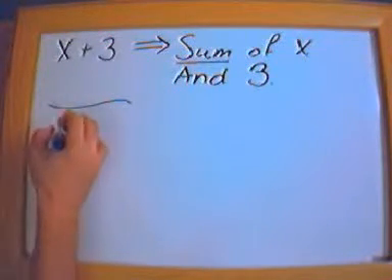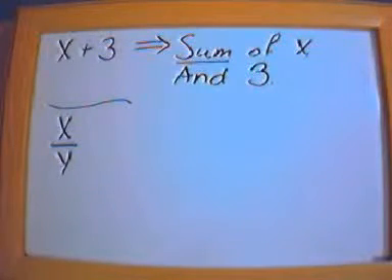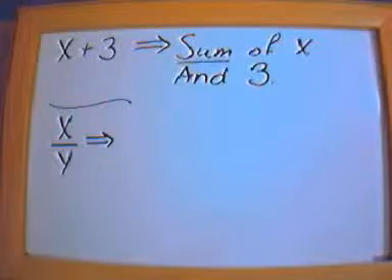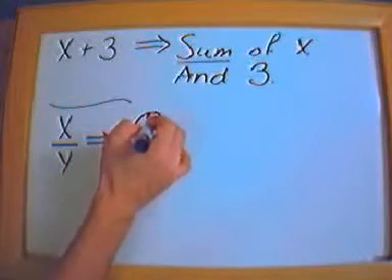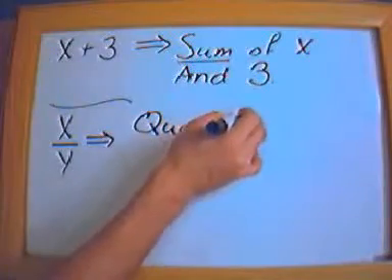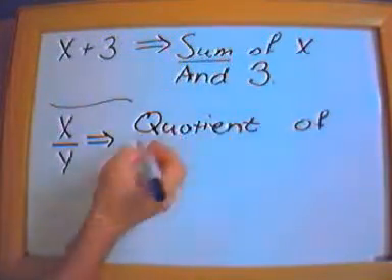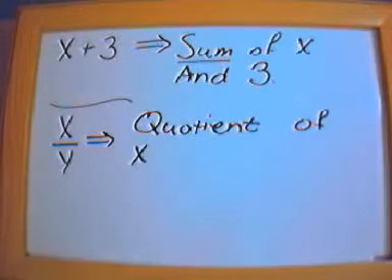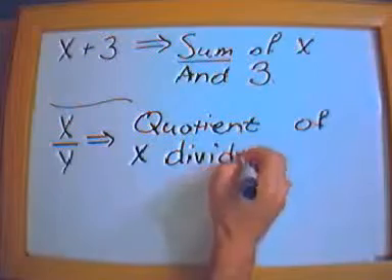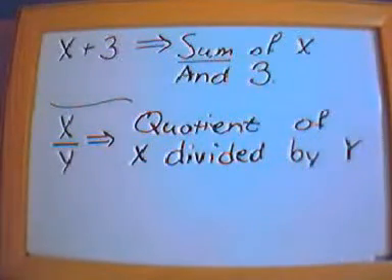What if you see something like x over y written down in math somewhere? Typically, in terms of word problems, this translates to something like the quotient of x divided by y.